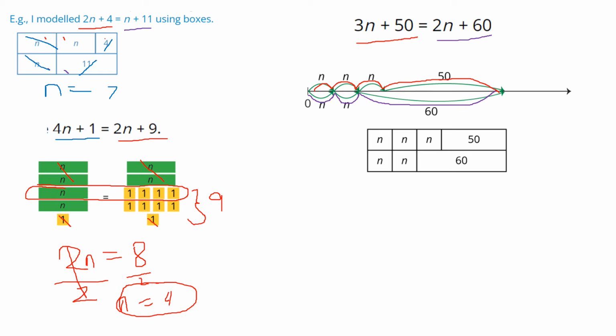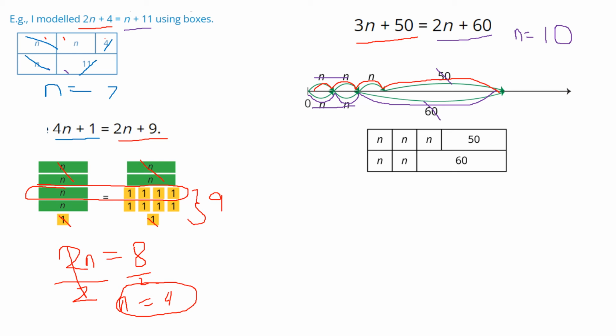Again, if I want to isolate those, I take 2 n's from the bottom, I take 2 n's from the top. So that leaves me with n equals. If I take 50 from the top, I have to take 50 from the bottom, which leaves me with 10. So n would equal 10.